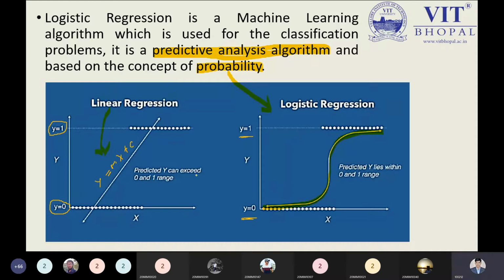If I belong to this class, then my probability chance will be like this. If I have this probability, then I will be of this class. I'm taking a simple example. Suppose you are getting 80%, then you will get the S grade. But if you are getting 84%, you come into the A plus category. So you are losing one grade by losing just 1 mark.